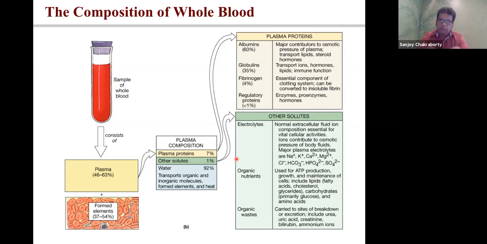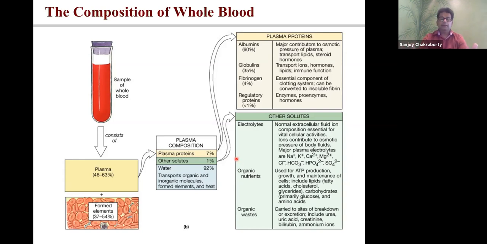Now, in the plasma, we have 92% water. So plasma consists mostly of water, with approximately 7% protein, of different types, and 1% other molecules. Others could be electrolytes, let's say sodium, potassium, calcium, phosphate, sulfate, bicarbonate, chloride, magnesium, any kind of electrolyte or ion you can think of in your body.